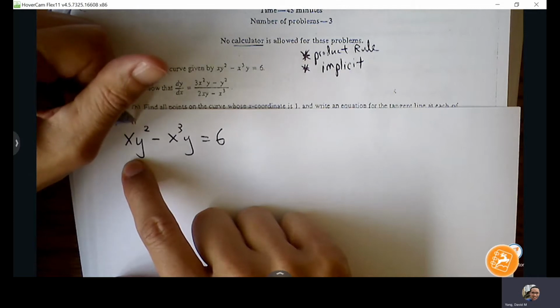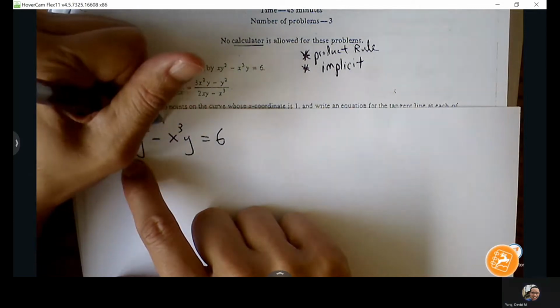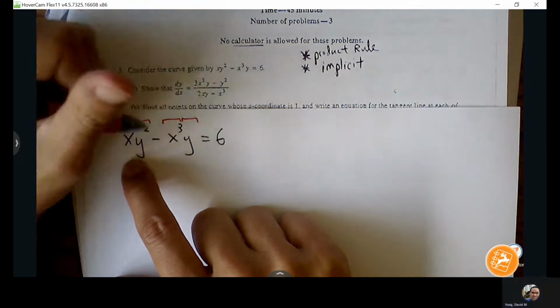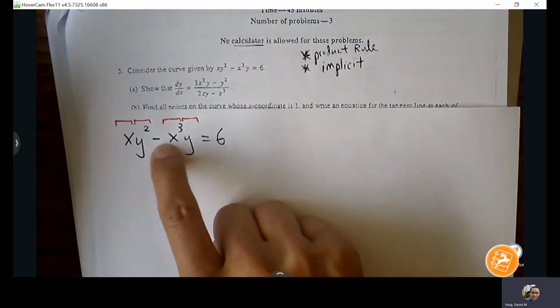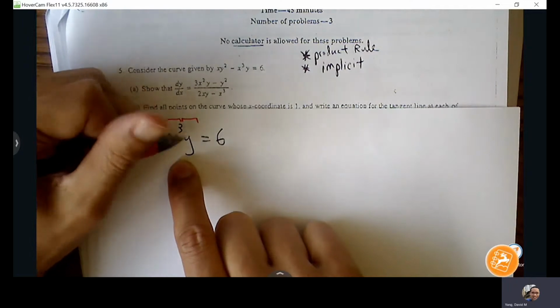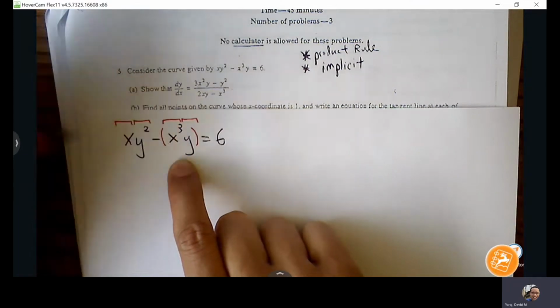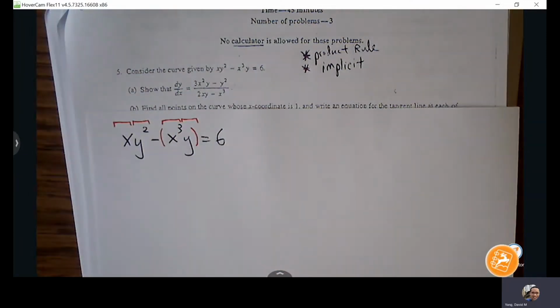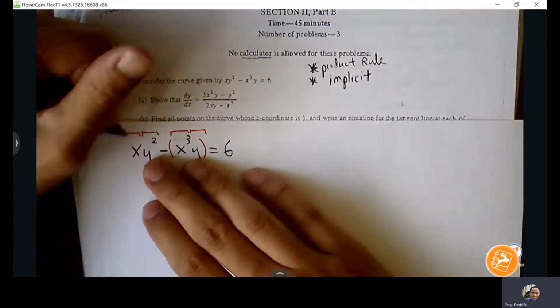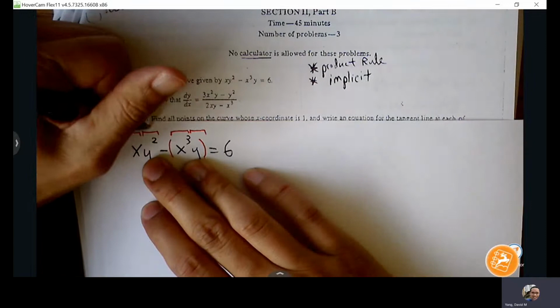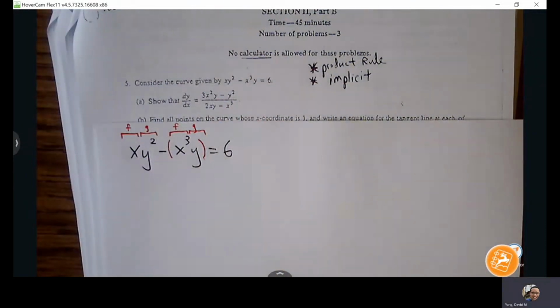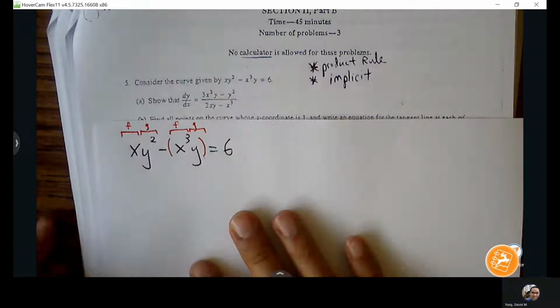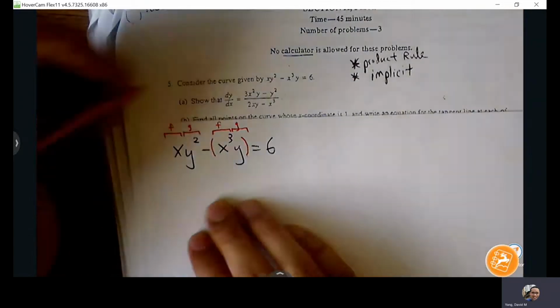So product rule here, but I'm also going to protect this second term with a set of parentheses. I'm going to let the negative be outside, so I'm going to distribute that negative through after I get through product rule. So I'm going to set everything up here.